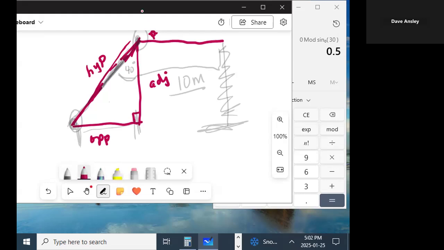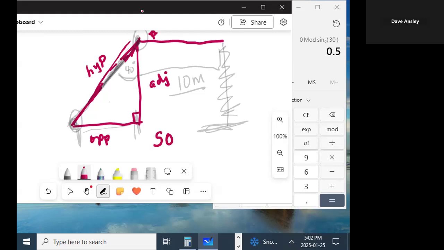Well, that's a wonderful question. What is the stuff we know? We know the adjacent, that's the height, and we know the angle. You do not know the hypotenuse and you want to know the hypotenuse. You're right. Solve for the hypotenuse.